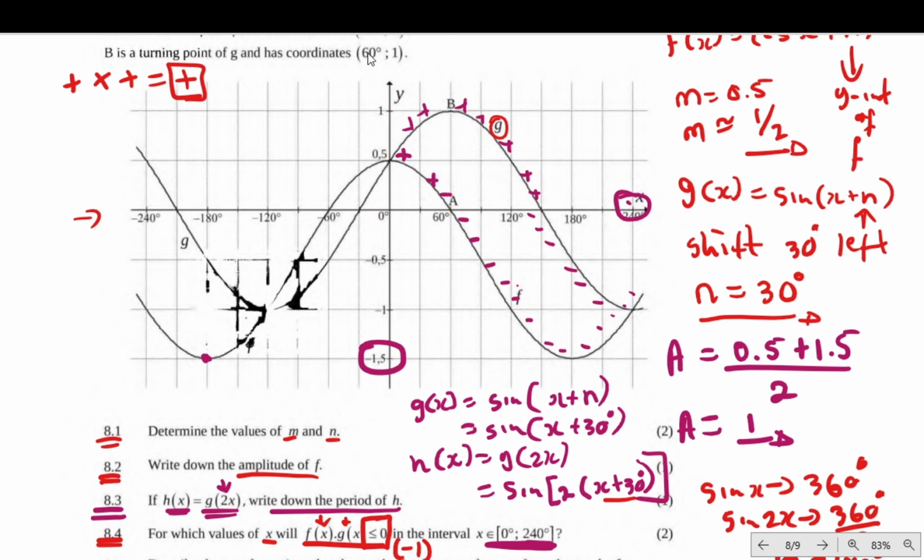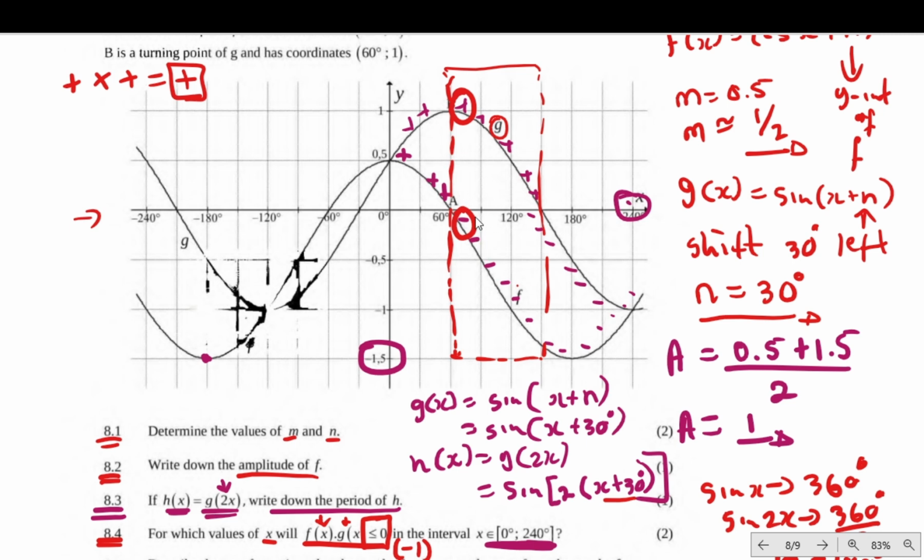So where is that? If we have a look at this region from here all the way up to here. If we multiply this positive solution of y with this negative solution of y, we're going to get negative solutions, right?